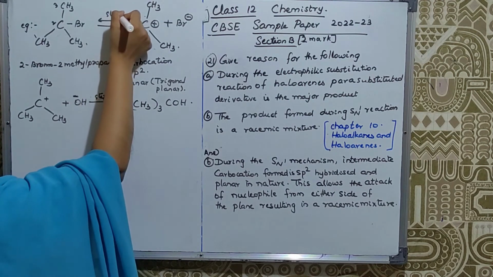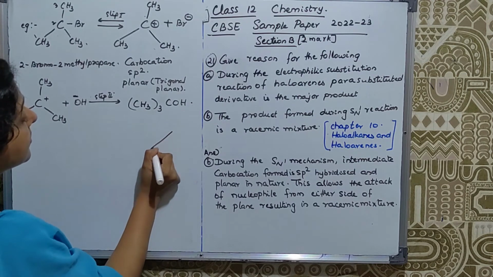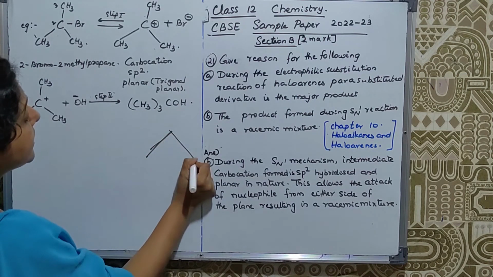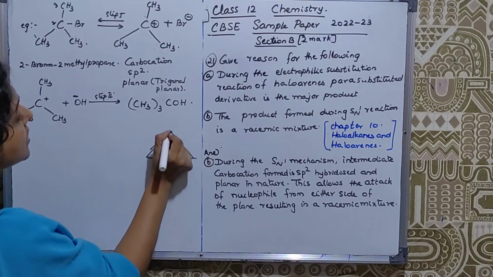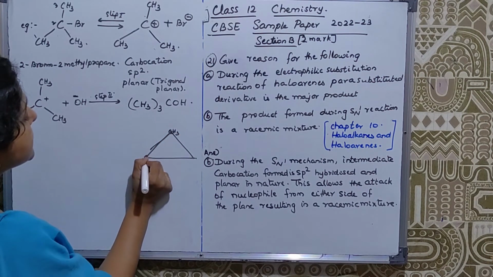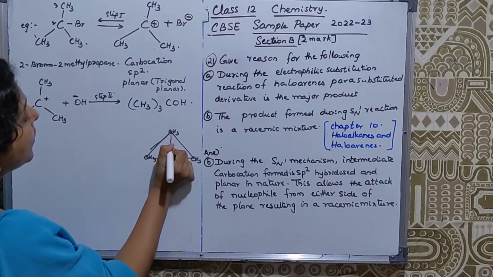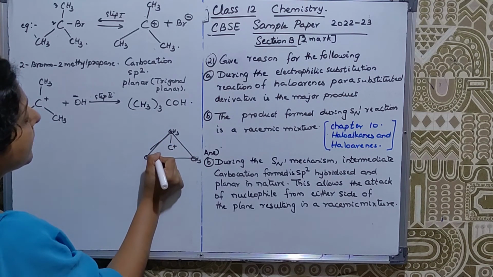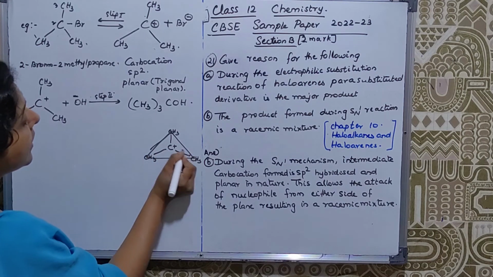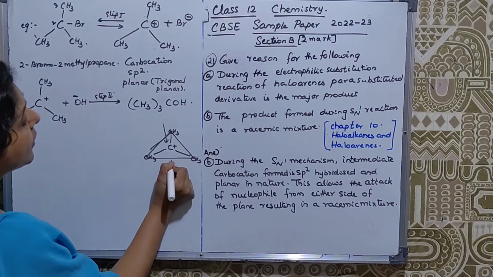In this case, the attack can take place on the trigonal planar arrangement of the carbocation, from the top or from the bottom.